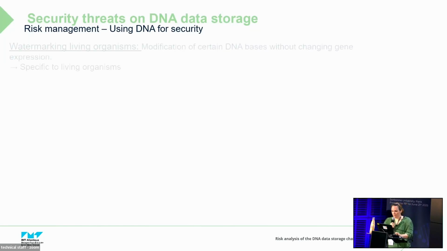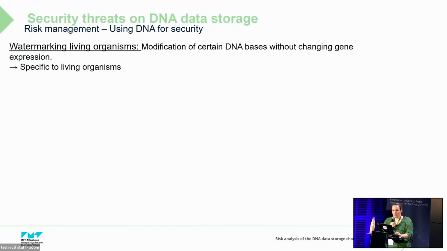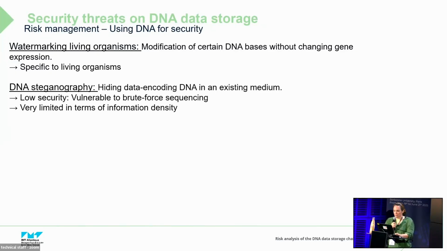DNA. First, to ensure the traceability of living organisms, DNA can be watermarked by modifying some bases without changing the gene expression, which is a property that's specific to living organisms. Then steganography tools ensure data confidentiality by hiding data encoding DNA in existing media.